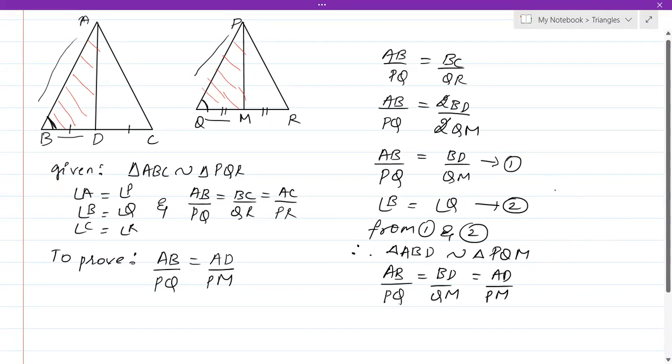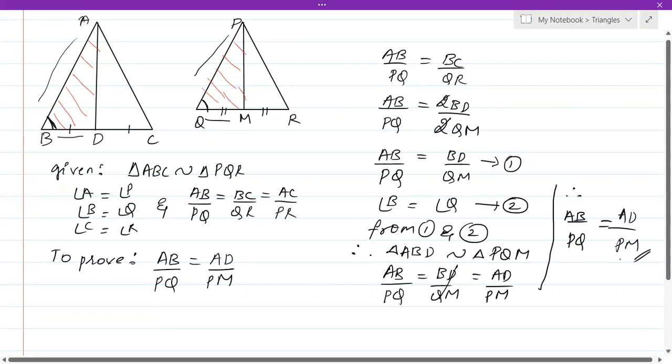Anyhow, all the three are equal, isn't it? So AB by PQ is equal to AD by PM. Hence, proved. So these are the problems based on similarity of triangles.